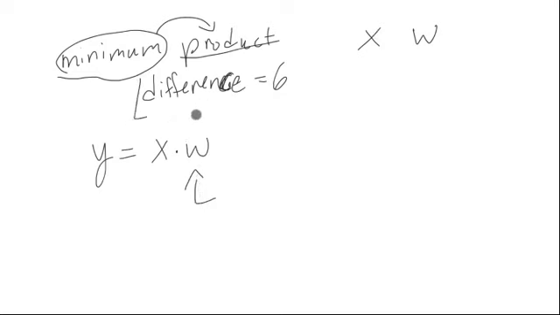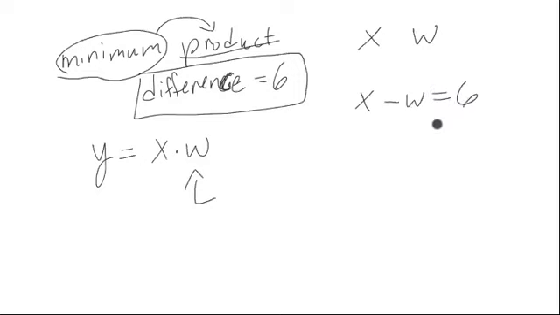That's where the other piece of information comes in handy, the difference. We know that the difference between the two numbers should be 6. So we can write this down. So we know that x minus w is equal to 6, or w minus x is equal to 6, but we can choose it either way.